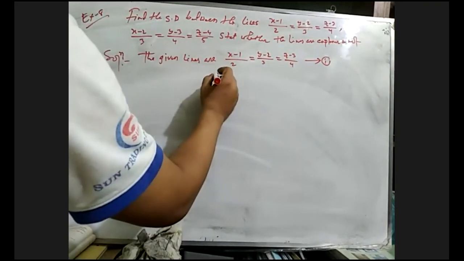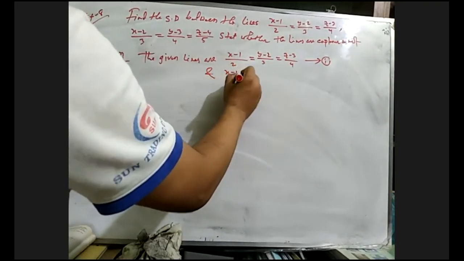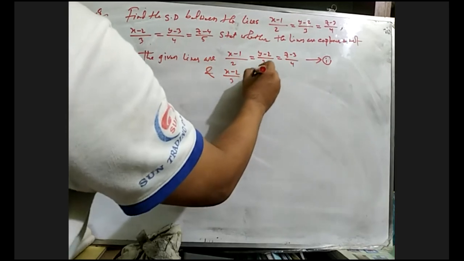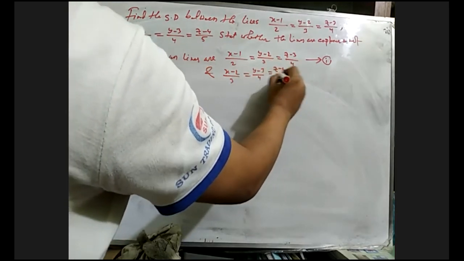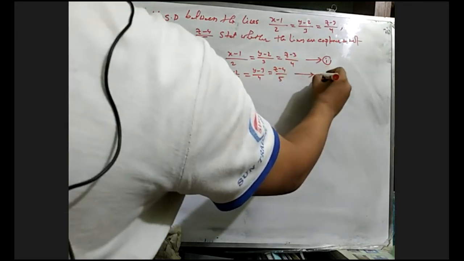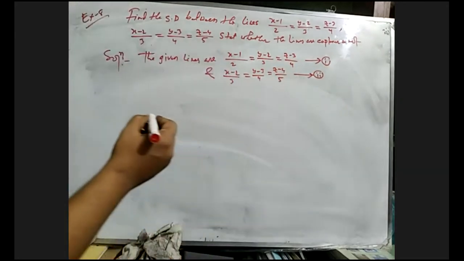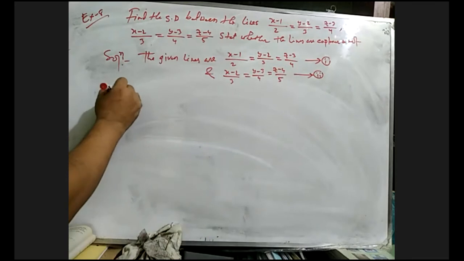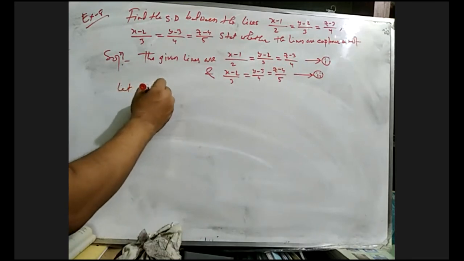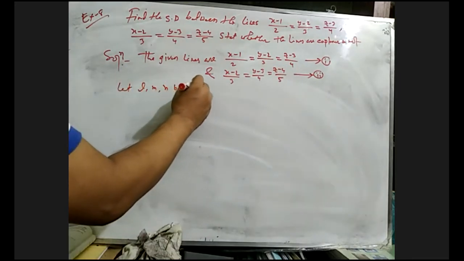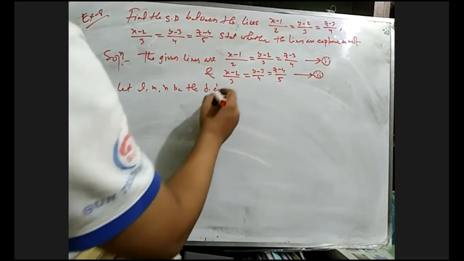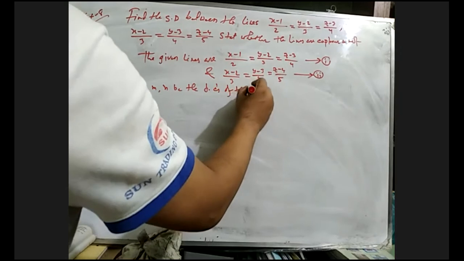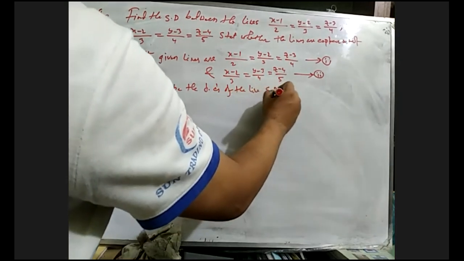And another is (x minus 2) divided by 3 equals (y minus 3) divided by 4 equals (z minus 4) divided by 5. This is equation number 2. Let l, m, n be the direction cosines of the line of shortest distance.